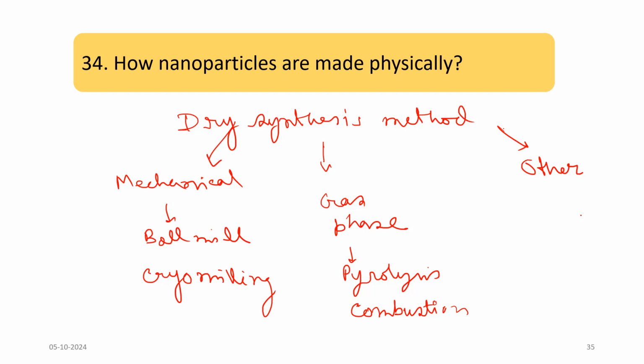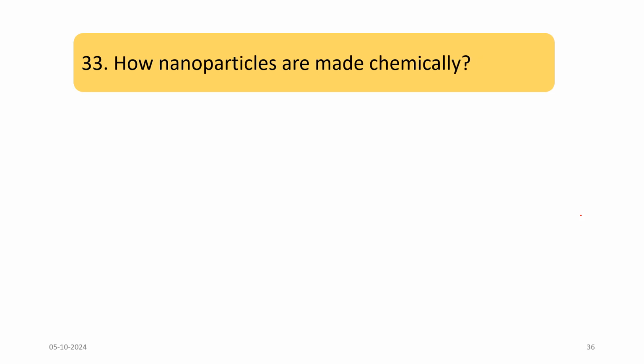Under the chemical method comes the polyol method, then the thermal decomposition method, then the photochemical reduction method, then the microemulsion method, hydrothermal, metal vapor synthesis, sol-gel method, sonochemical reactions, where sound and chemistry combine, and electrochemical synthesis, using an electric field.